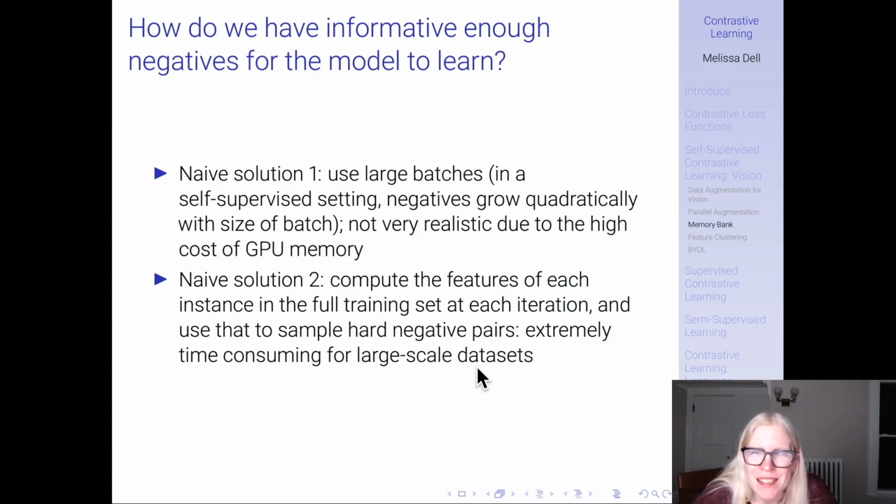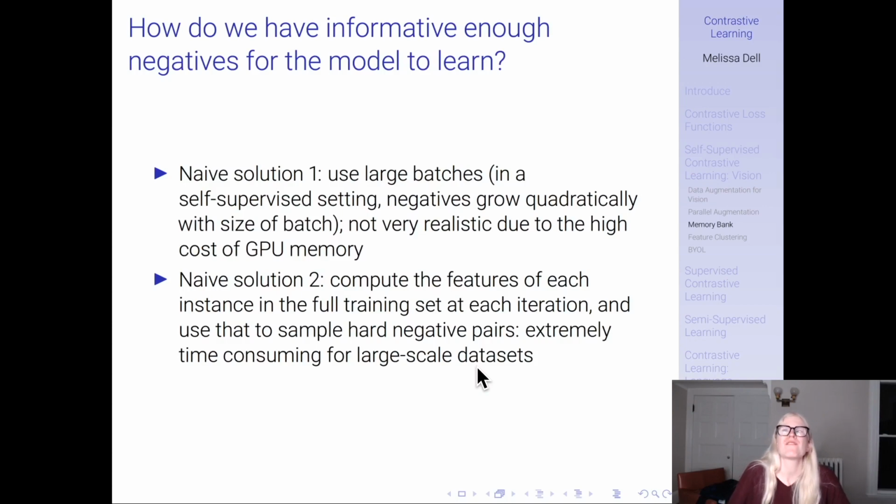But the problem is that this is not a realistic solution due to the high cost of GPU memory. In reality, to get batches large enough that these models would perform well, just by having informative enough negatives in the batch examples, it takes compute on the scale of something you might have access to at Google or whatever, but certainly not in the vast majority of settings. The second naive solution would be to compute the features of each instance in the full training set at each iteration and use that to sample hard negative pairs.